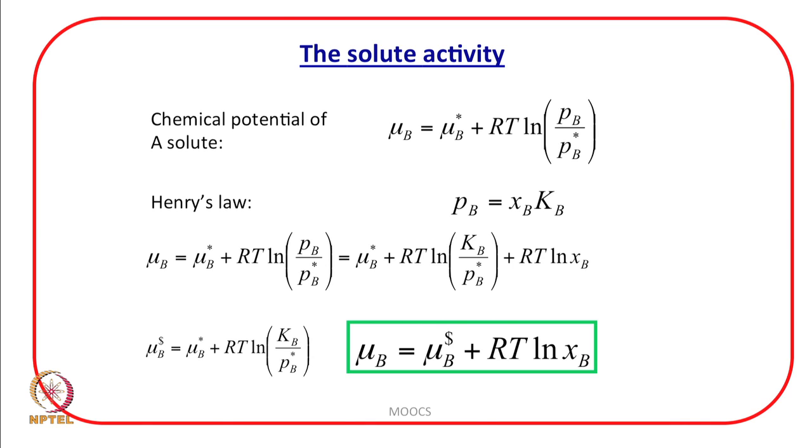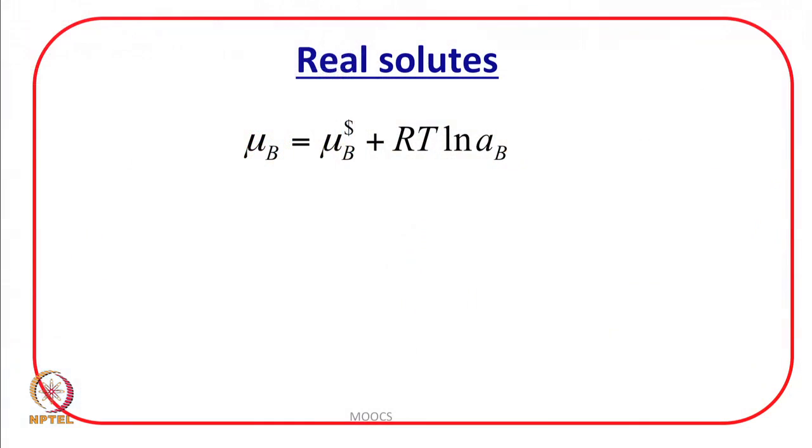Earlier we defined the chemical potential for the solvent, and we introduced the activity of the solvent. Here we will introduce the activity of the solute, but what is the difference? Earlier we discussed ideal dilute solutions.